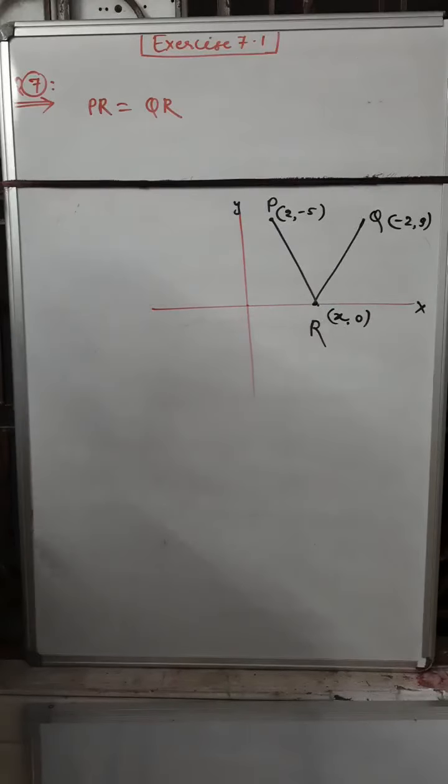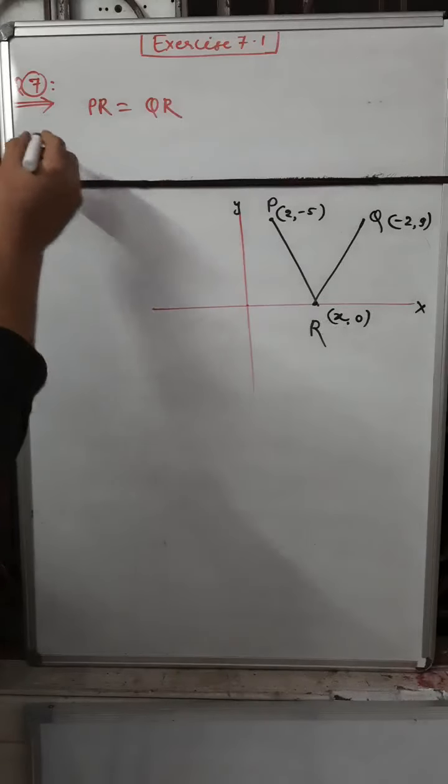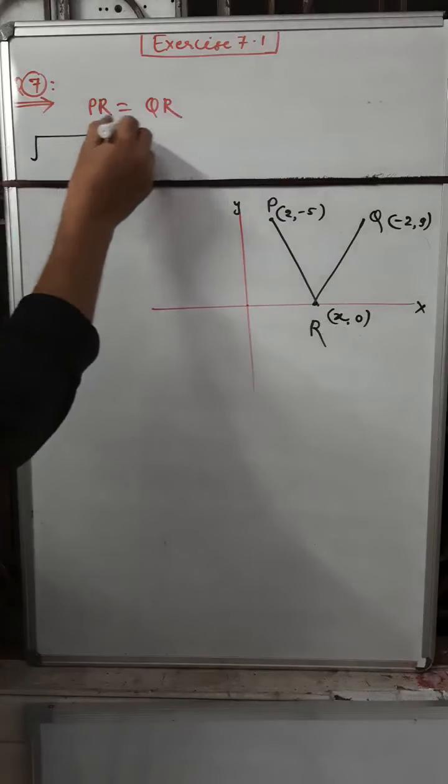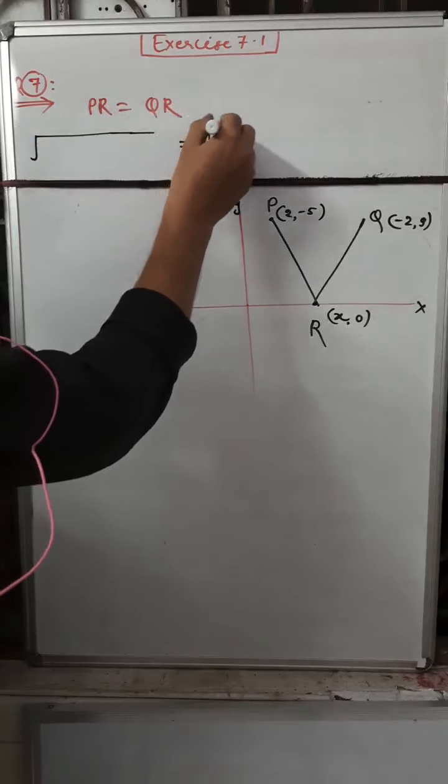So PR and QR, PR is equal to QR is given in your problem. So now we can find out PR very easily. Use the formula under root of x1 minus x2 whole square plus y1 minus y2 whole square.